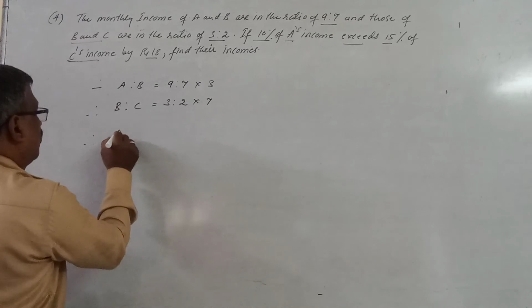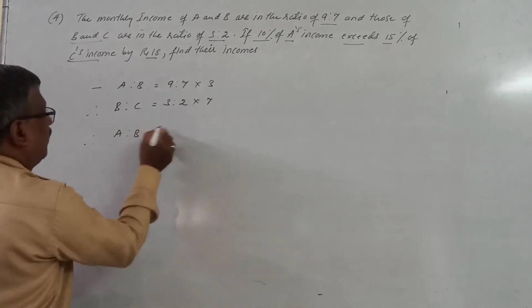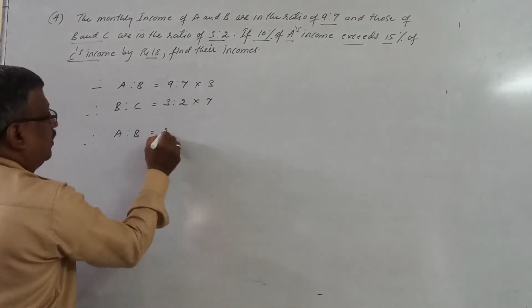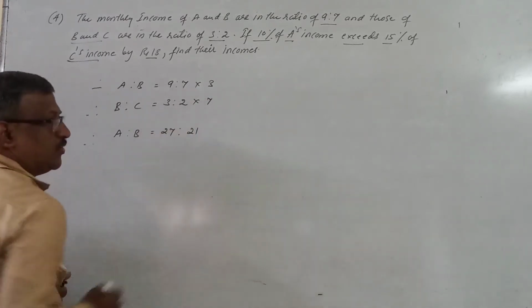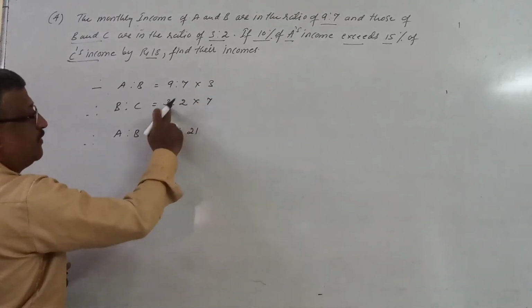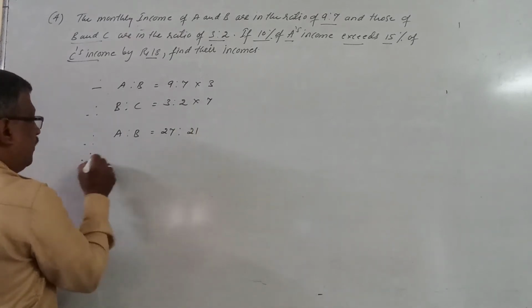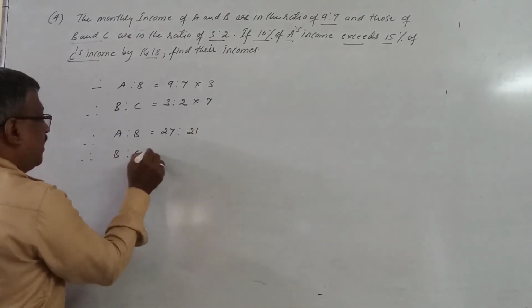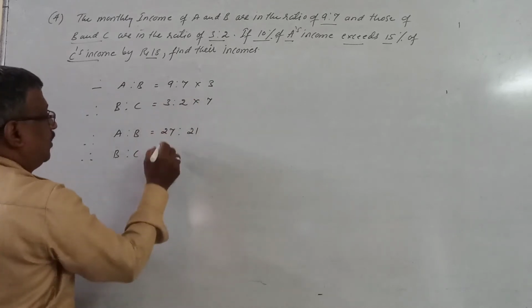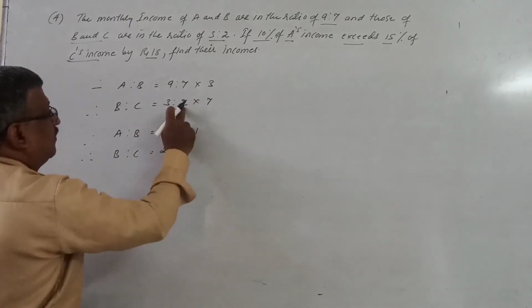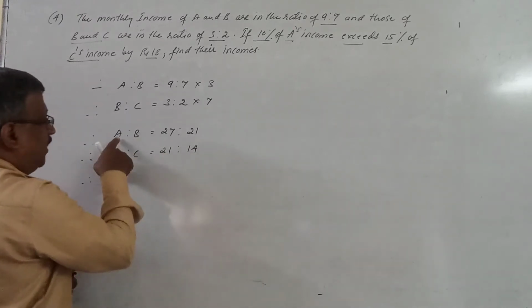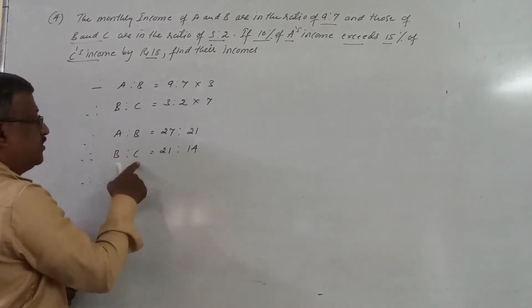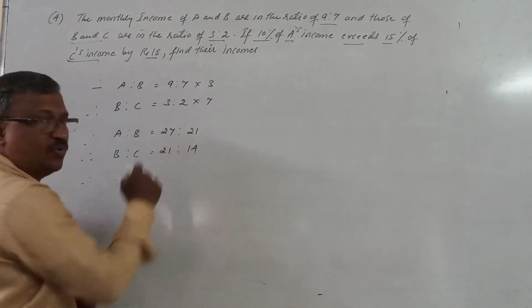So the new ratio of monthly income of A and B will be 3 into 9, which is 27, is to 3 into 7, which is 21. Like that you multiply by 7 to both the terms of the ratio of B and C: 7 into 3, 21, is to 7 into 2, which is 14. So like this we get the ratio of monthly income of A, B and C as 27 is to 21 is to 14.